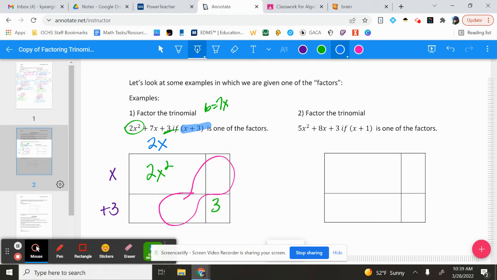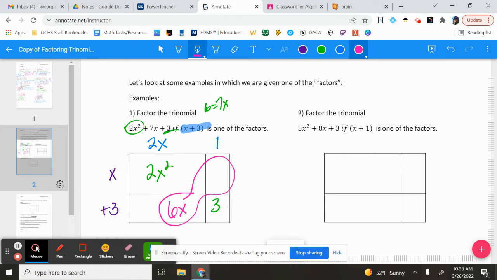Well, at this point, I can now go back in and plug in the values that I don't know. 2x times 3 will give me 6x. Okay. Now, when I get ready to multiply the other part and fill in here, 3 times what equals 3? Well, in this case, I have a very easy answer because there's only one thing that I can multiply 3 by to get 3.